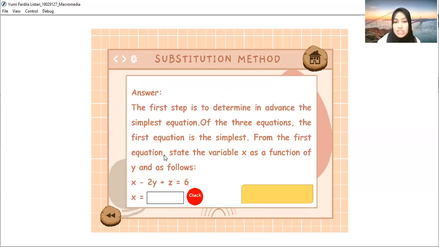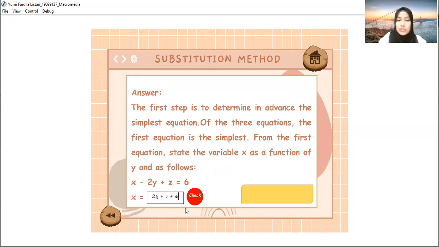From the first equation, state the variable x as a function of y and z as follows. x minus 2y plus z equals 6. x equals, the student can fill the blank space here. For example, x equals 2y plus z plus 6.